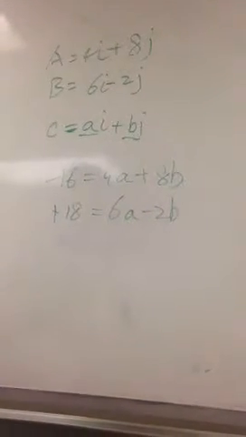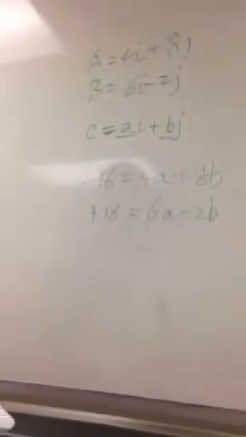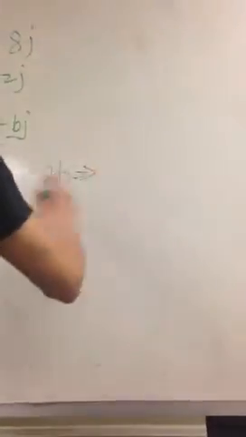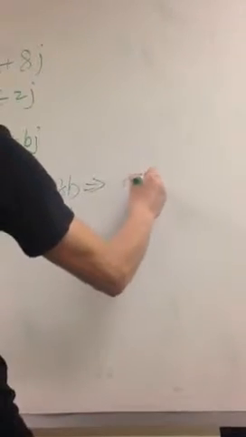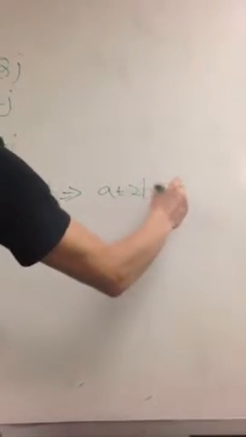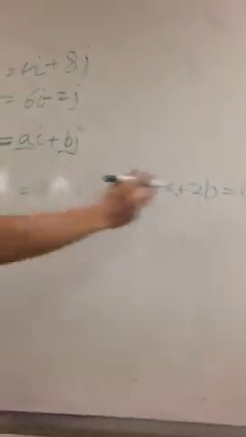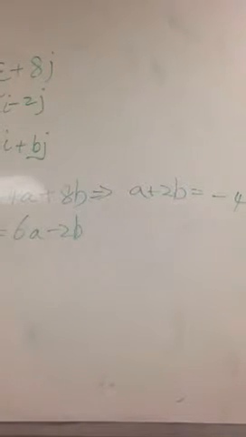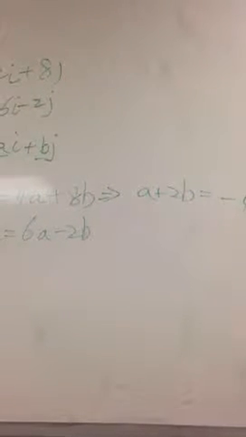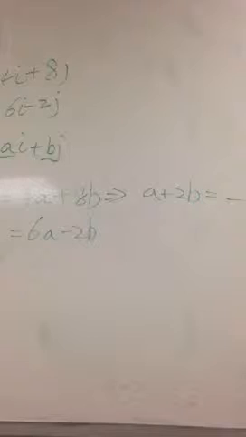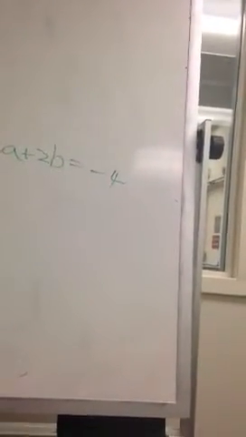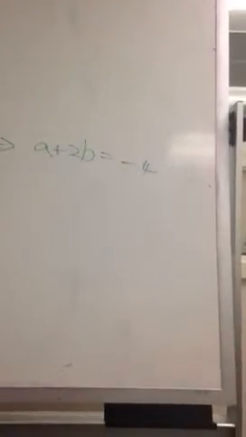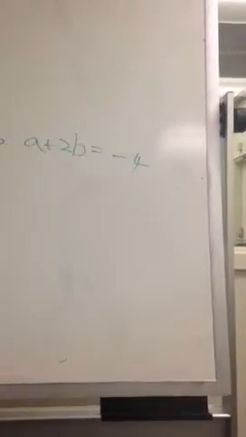From this what you can get is A plus 2B is negative 4. You divide everything by 4.